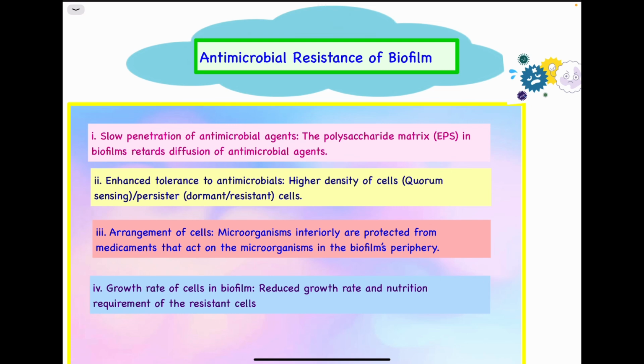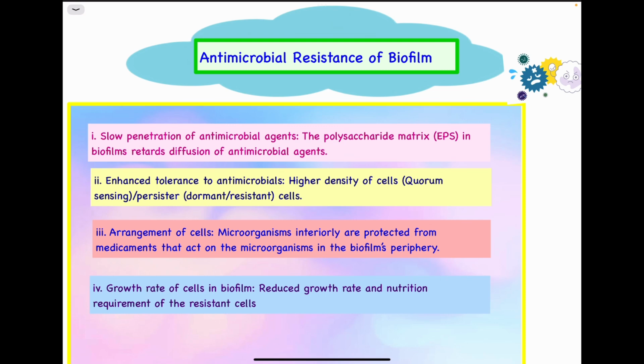Then arrangement of the cells. Microorganisms interiorly are protected from medicaments that act on microorganisms in the biofilm's periphery. Most of these intracanal medicaments are very effective in killing the bacteria which are present at the periphery of the biofilm, but the bacteria which are towards the core or the center are usually spared. Then growth rate of the cells in the biofilm.